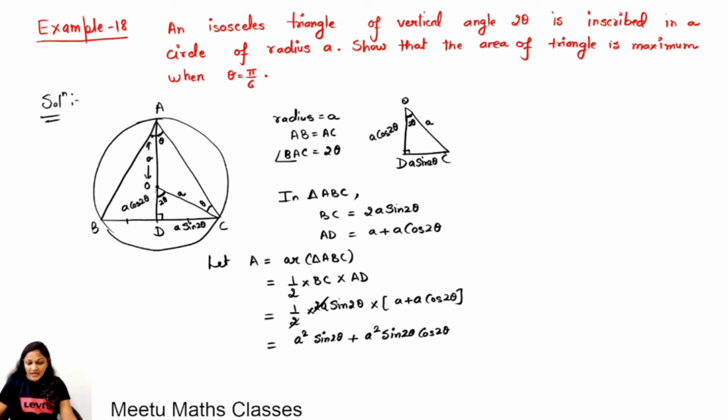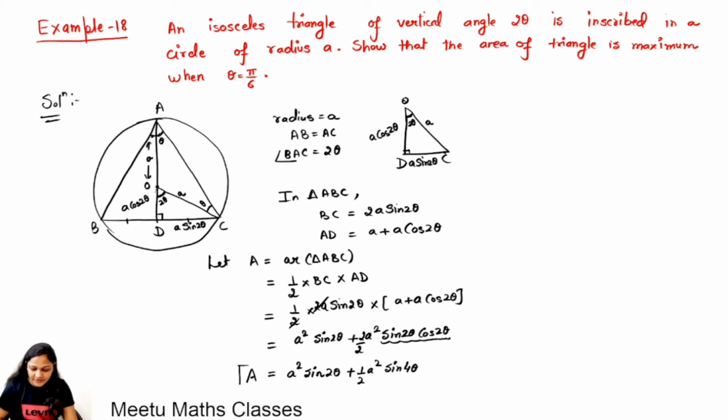Now sin 2 theta into cos 2 theta, if we multiply and divide by 2, then this is a square sin 2 theta, and half a square is as it is, and 2 times sin 2 theta cos 2 theta can be written as sin 4 theta. So this is your A.